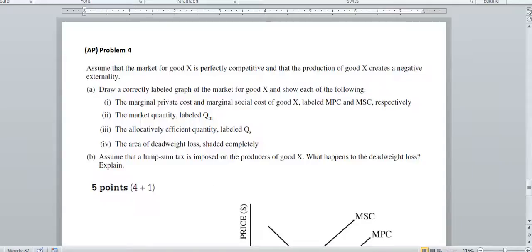But if you remember from previous problems that we've done, a per unit tax will affect marginal cost, because as you produce more, you pay more, because it's per unit. But a lump sum tax is not going to affect the marginal cost curve.